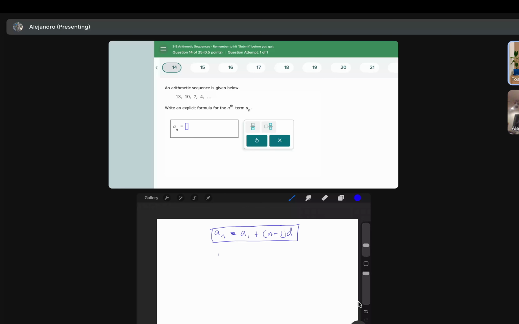So anyway, A sub n equals 13, the first term in the sequence, plus n, you keep n as is, minus 1, times d, you have to find it. It would be 10 minus 13, the common difference. So it'll be negative 3. Do your math neatly. Distribute.